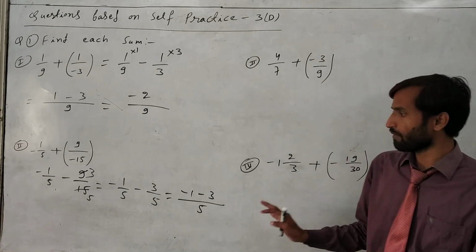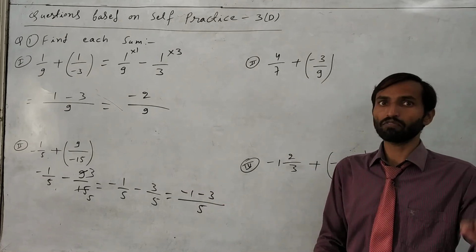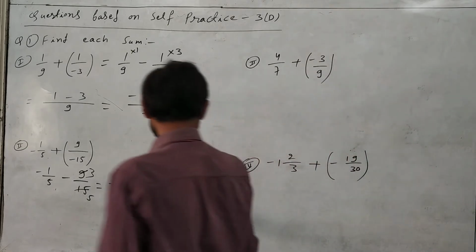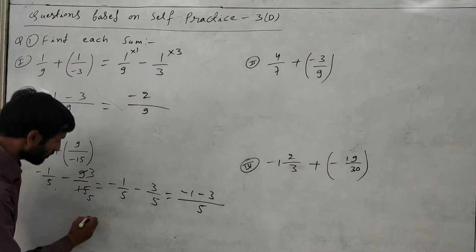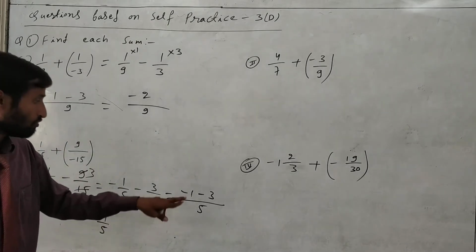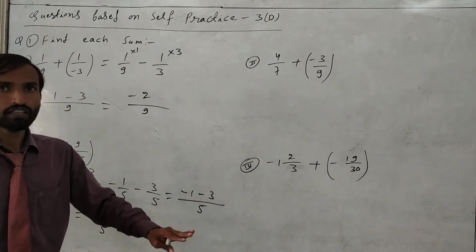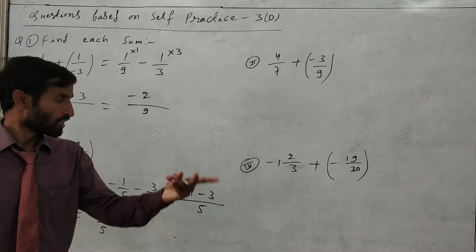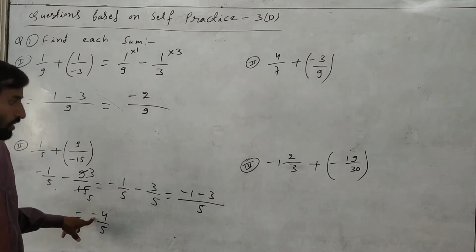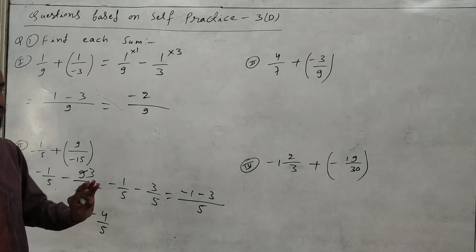If both have the same sign, minus and minus, then we add, and the answer will come in minus only. So minus 1 and minus 3: we add 1 and 3 directly, 3 plus 1 is 4, but since both have minus sign, I put minus here. So the final answer will be minus 4 upon 5.